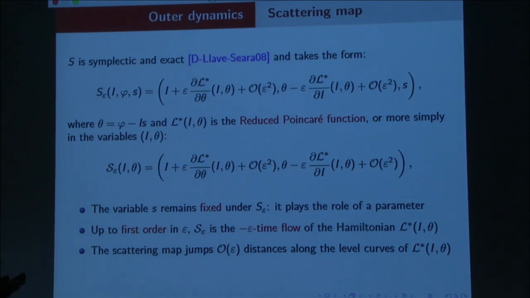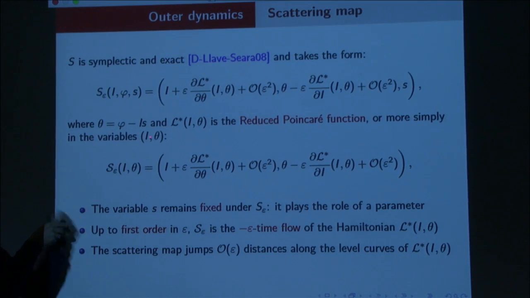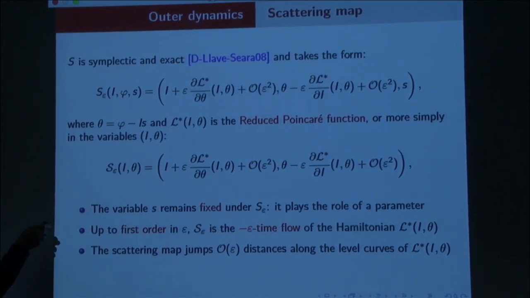Not only this, but it has a formula, and this is a good thing for us, because the formula says that the scattering map in the variables of the lambda tilde takes this form. Here you see there is some I and phi, and I'm putting here some theta. First thing, this theta is nothing but phi minus s, that is, a first integral in the inner dynamics. I will come back to this in a moment.